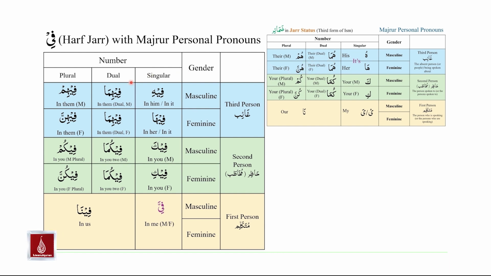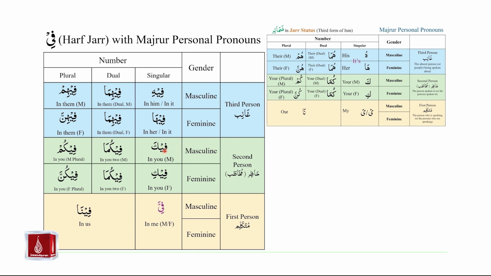So here we will have fihima, fihim, fihinna, fiha, in her or in it, fihima, in them, referring to dual and feminine, fihinna, in them, referring to feminine and plural.